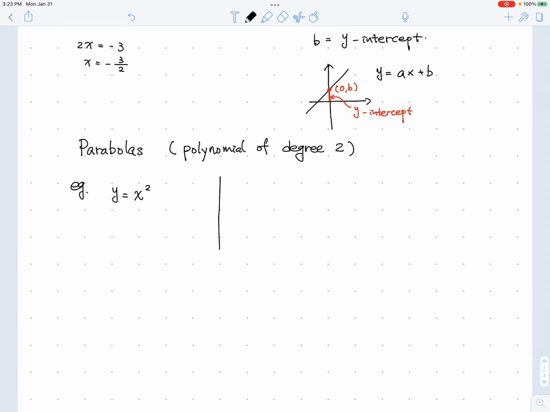So when you have y equal to x squared, or f of x equals x squared, then it gives you the graph like this. So a parabola looks like this. When x is equal to 0, y is equal to 0. When x is equal to 1, y is equal to 1. When x is equal to 2, y is equal to 4, and so on.